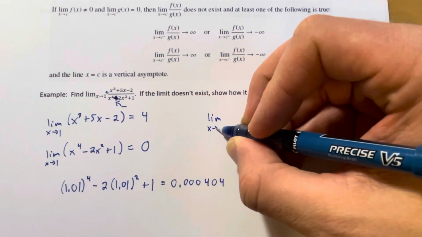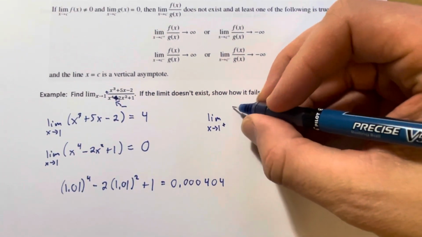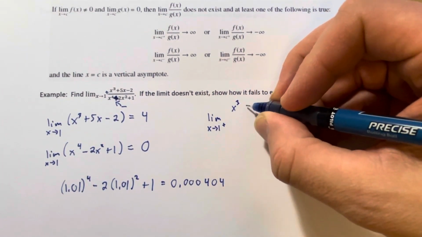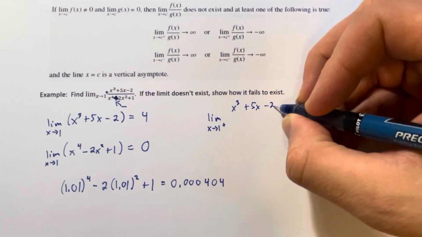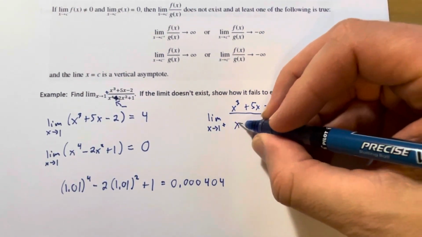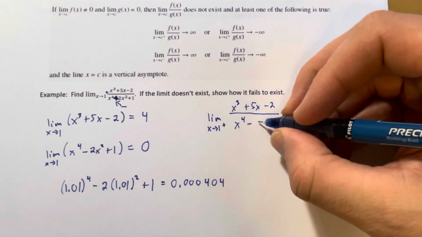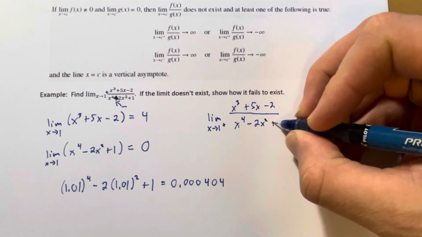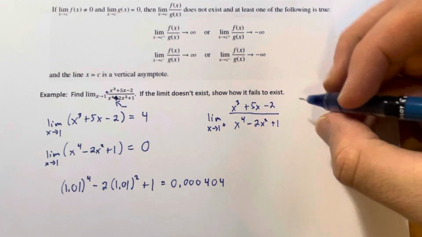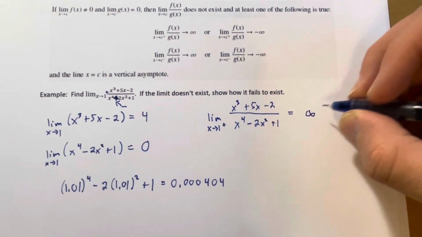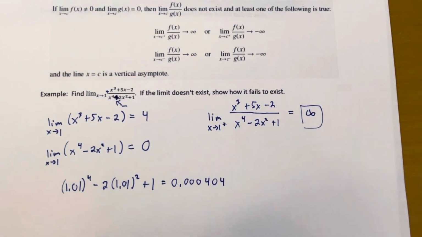So the limit as x approaches 1 from the positive side of x cubed plus 5x minus 2 over x to the fourth, that was not a typo before, minus 2x squared plus 1, the typo was this. This is going to fail to exist. It's going to go to infinity. Okay? So that's what we're looking at for that problem.